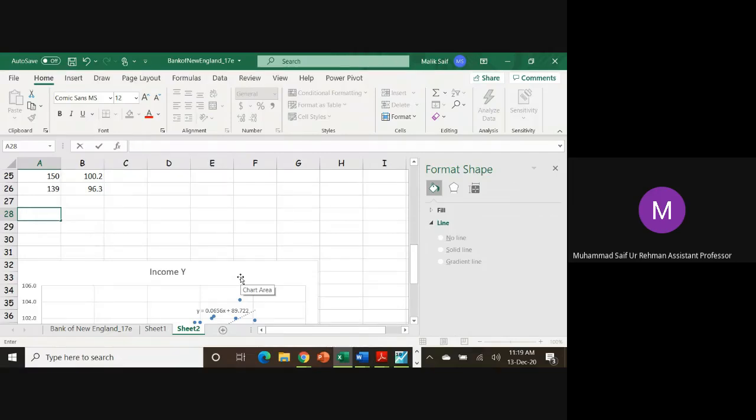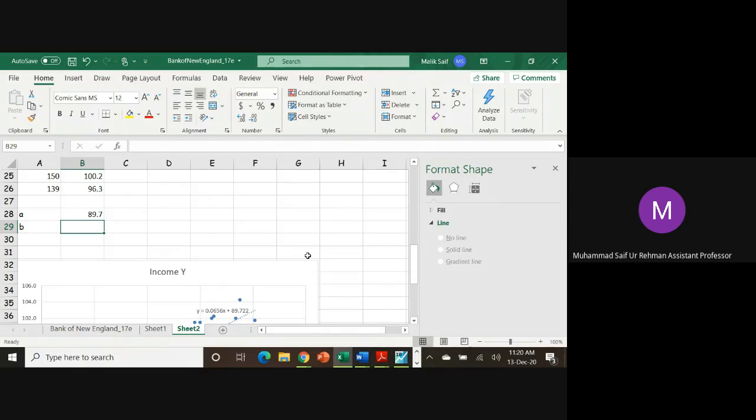beta naught, or you can know it with A. So what is the value of A? A is your intercept, 89.722. So this is your intercept, and you can write B as the coefficient for the first variable, and basically you are taking into account the simple regression function.